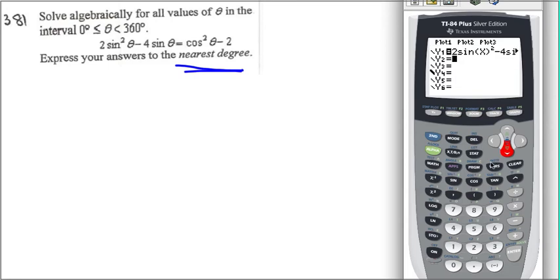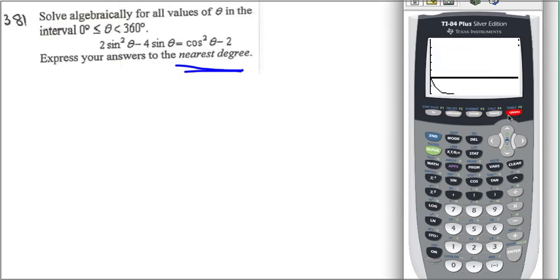That's the first line. Second line has to be equal to cosine square. So in this case, cosine x, close the parenthesis, square, and then minus 2. Once again, window becomes 0 through 360.